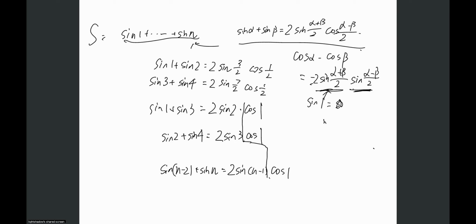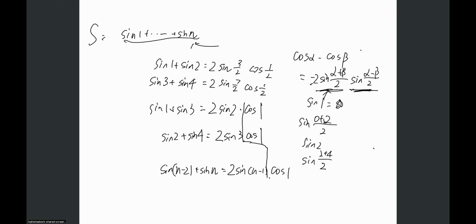So what about considering sine 1 equals sine of 0 plus 2 over 2? And sine 2 we can express as sine of 2 plus 4 over 2. Something like this. This is better. What a trick.